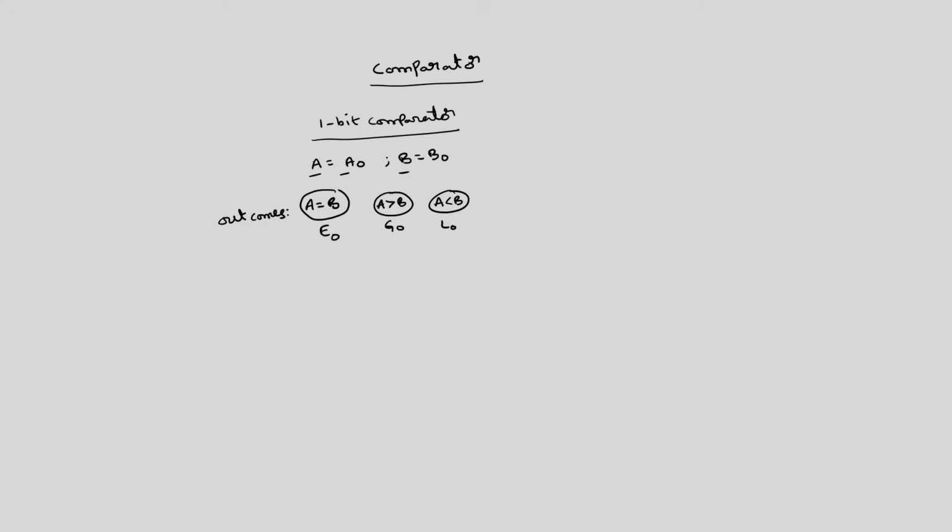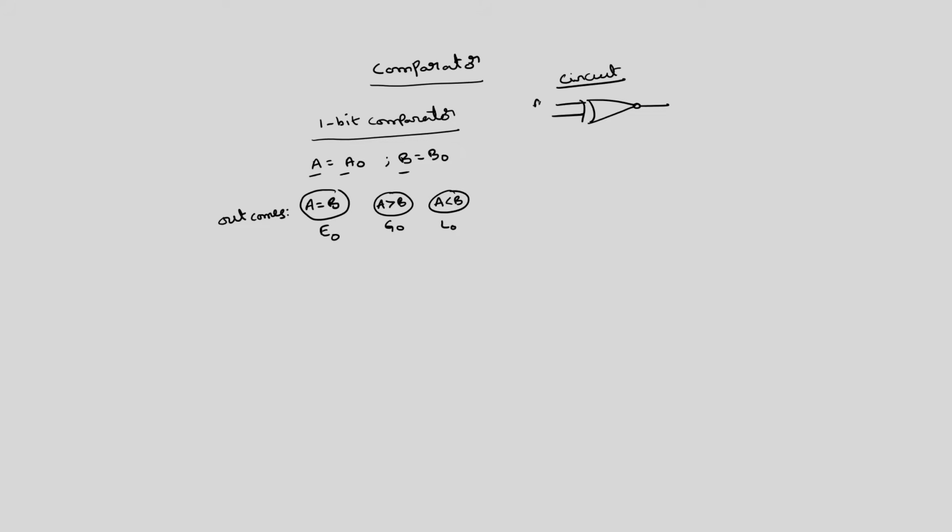Now, what will be the circuit diagram for this E0, G0, L0, how do you realize these signals? Because this is 1 bit logic, this is a simple logic. We know the exclusive NOR gate, this is the circuit diagram. Exclusive NOR gate will act as an equality detector.